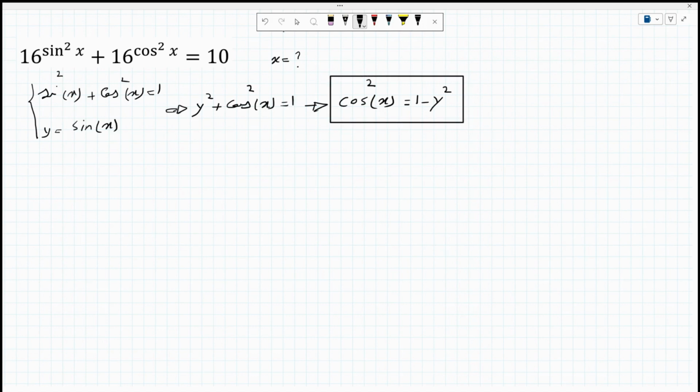I can write this formula in the main equation.